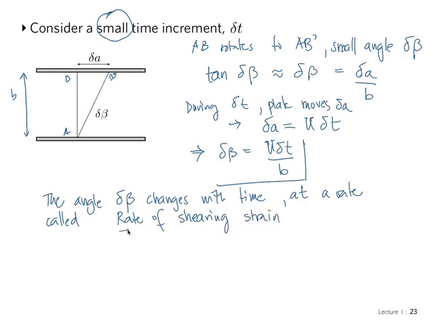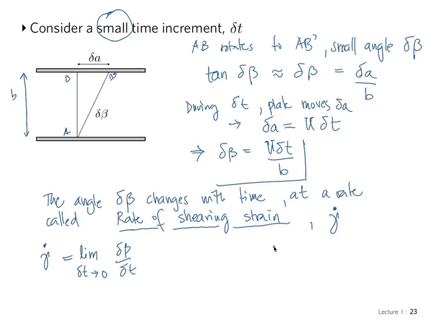This is what we call it, the rate of shearing strain, and we use gamma dot to represent it, defined as gamma dot equals the limit when delta t tends to 0 of delta beta divided by delta t. In this case, if we divide by delta t, we just get U over b.